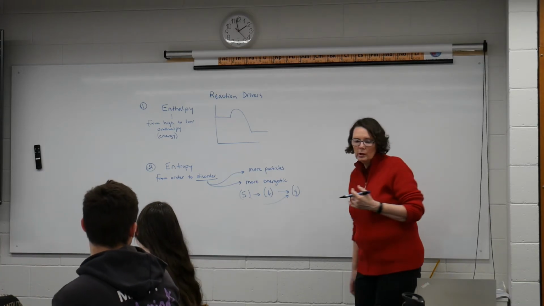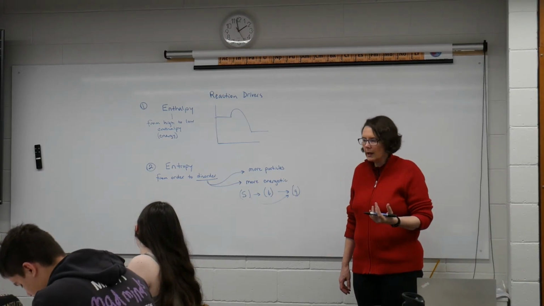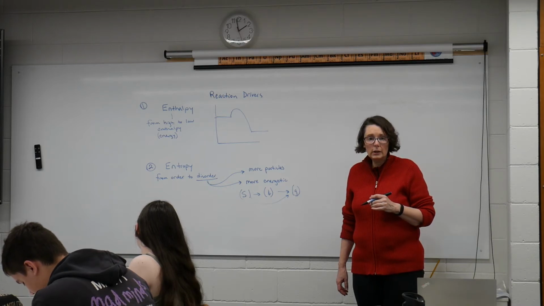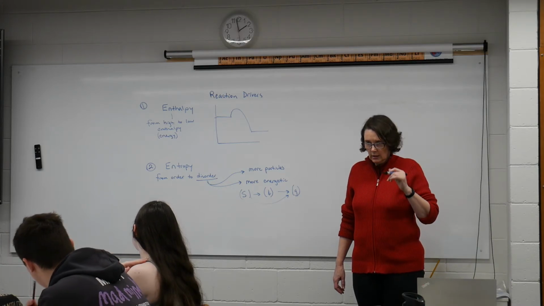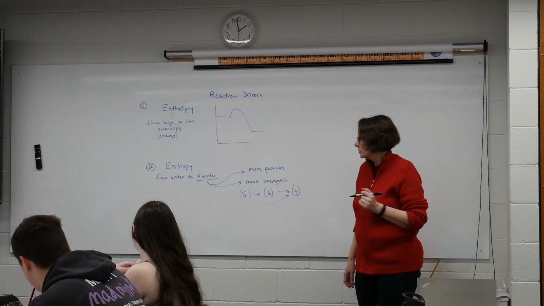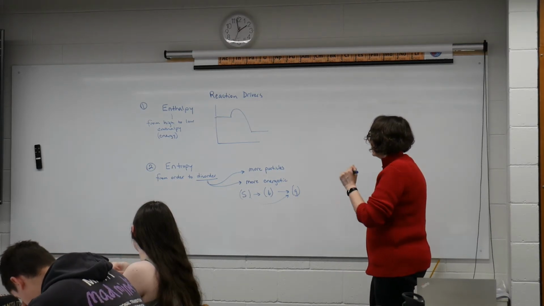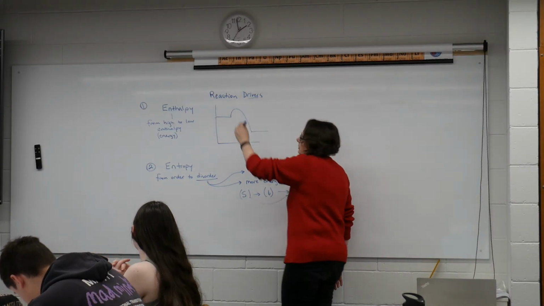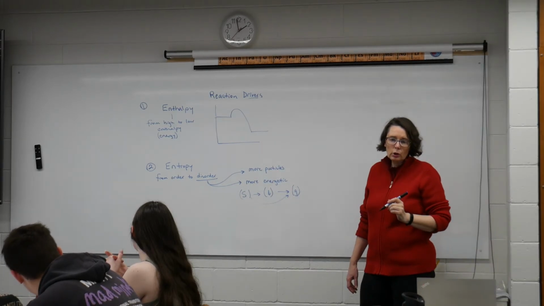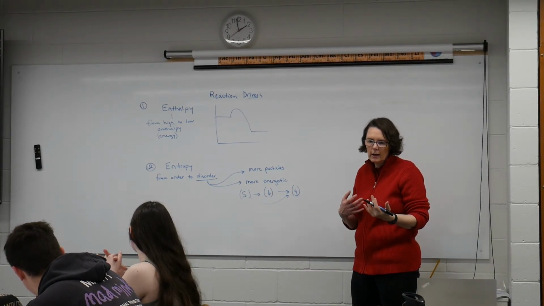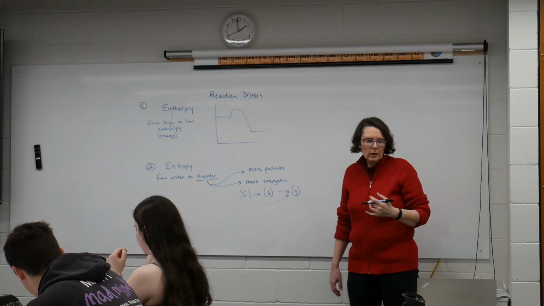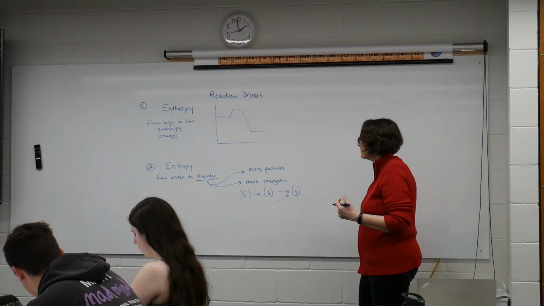So sometimes you might be asked to look at a reaction, and for those of you who've started looking at Criterion 6 questions in past exams, if it uses this word drivers, that's a clue that it's asking you to look at the relationship between enthalpy and entropy.